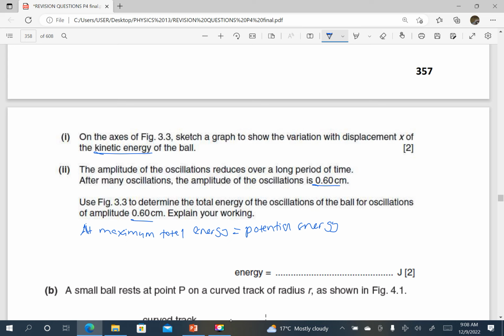So we want to use the figure to determine the total energy of the oscillations of the ball for oscillations of amplitude 0.60 centimeters. Explain your working. So at maximum amplitude, total energy is equal to the potential energy.